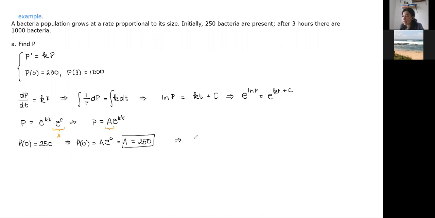So that means population is given by 250 times e to the power of k times t.